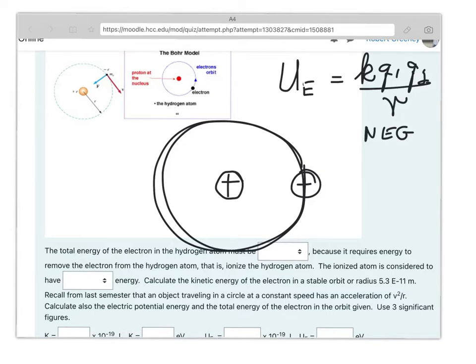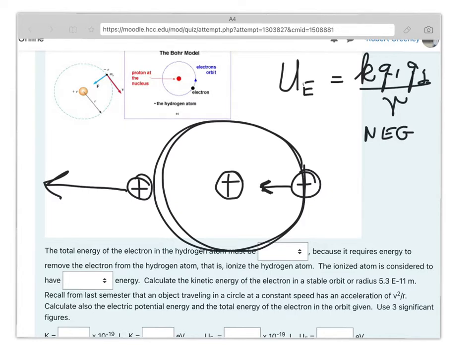And the way we think of a negative energy is if you have two charges that are under the influence of each other, if we put a positive charge here, it has a positive energy because if I release this charge, it goes away. If I release the electron from rest, it's going to fall this way, and it's going to drop in energy and gain kinetic energy.